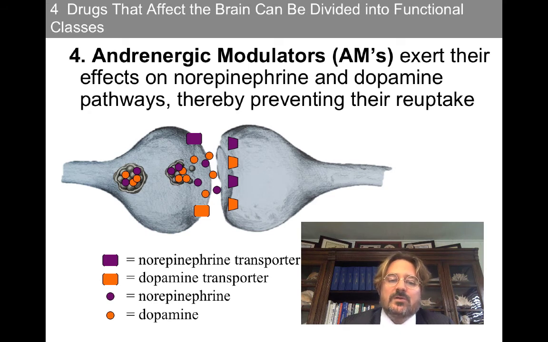And the way that Wellbutrin is going to work here, the purple circles are going to be norepinephrine, the orange ones are going to be dopamine. And we find that the dopamine transporter in orange is going to be on this presynaptic terminal down below, and up top the norepinephrine transporter in purple.